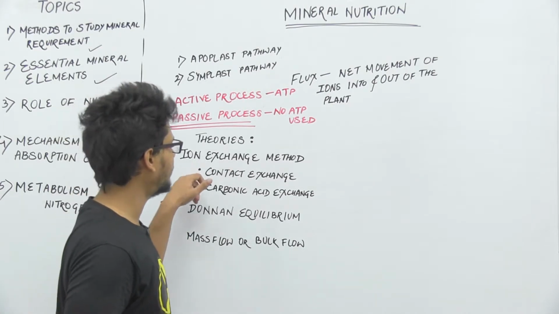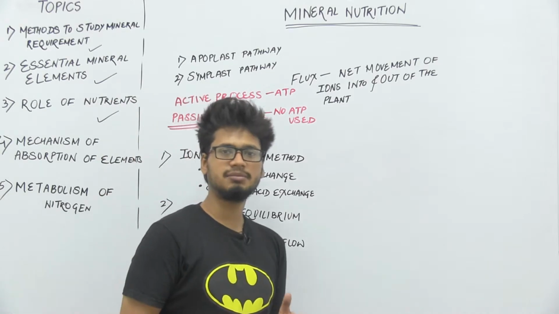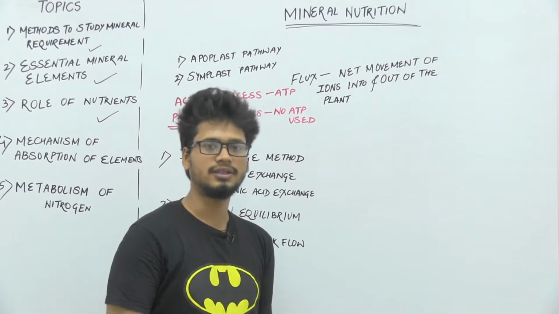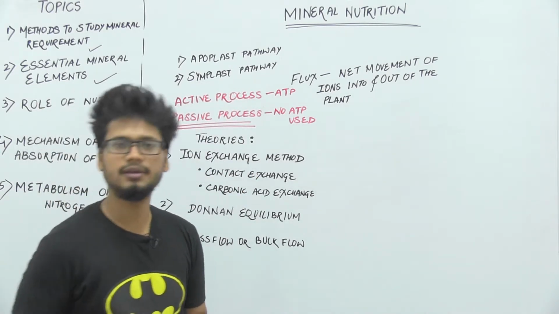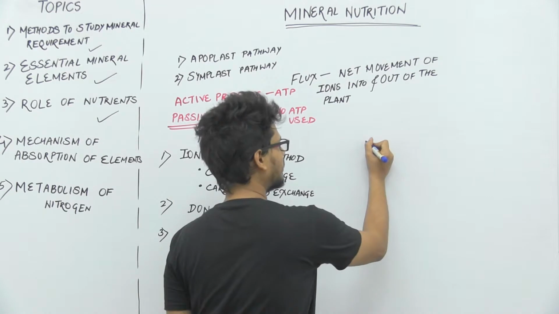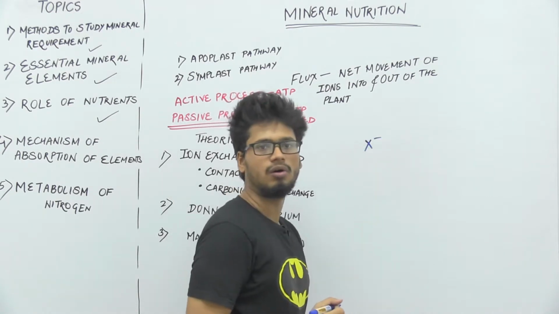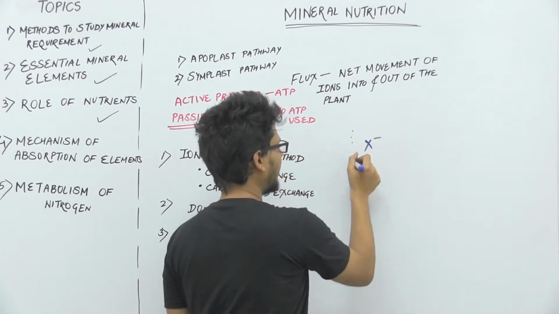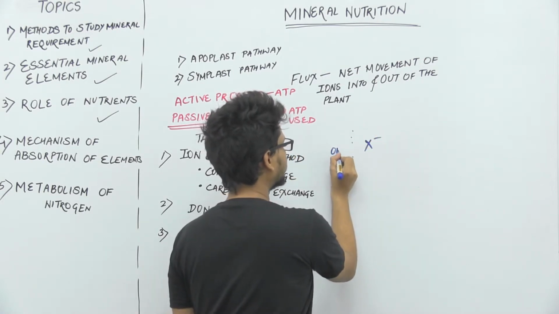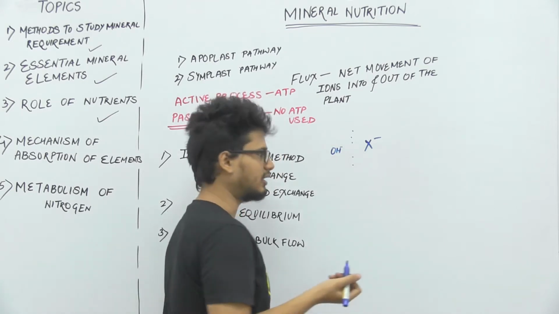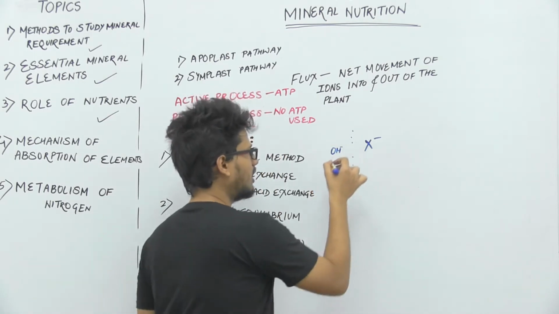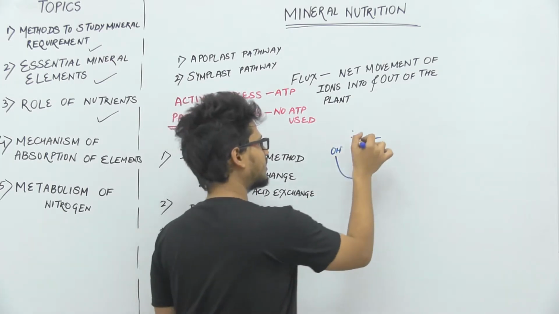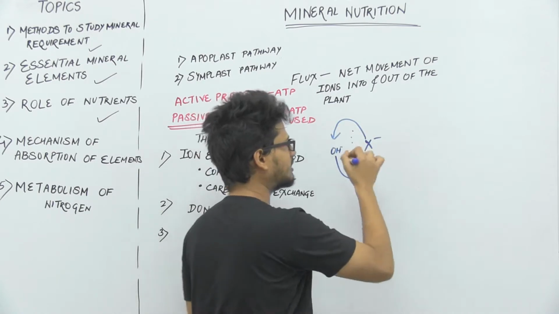So the first theory is ion exchange. Now ion exchange का मतलब क्या होता है? Ion exchange का मतलब होता है you exchange one ion for another. So let us say I have an ion X minus, or this is the ion that I want. It's in the soil. And मेरे पास presently है OH minus. तो मैं क्या करूँगा, या if imagine I'm the plant, so what will I do? I'll take this OH minus, transfer it into the soil, and I'll take this X minus and take it inside the plant.